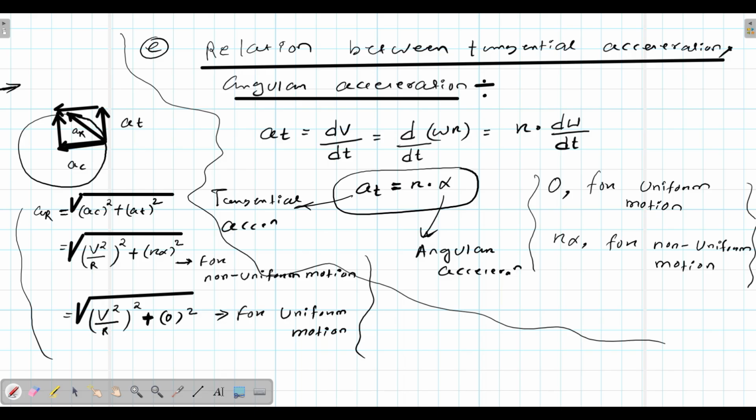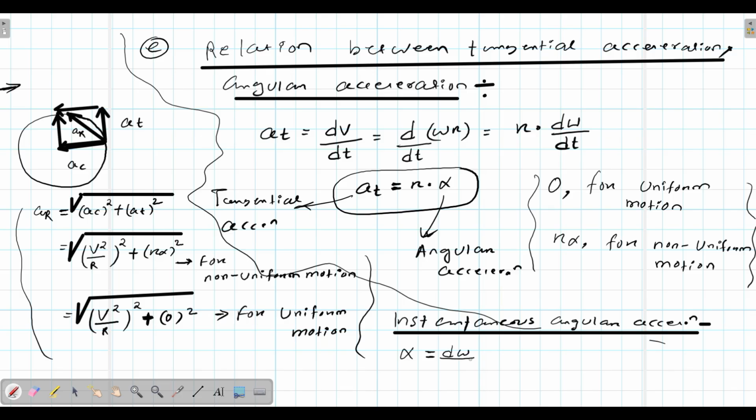Next is instantaneous angular acceleration. Instantaneous angular acceleration says that angular acceleration at any instant of time, that is instantaneous angular acceleration, that is d by dt of d theta by dt.